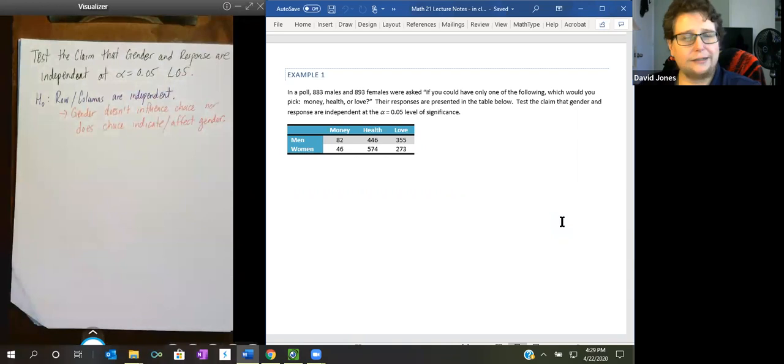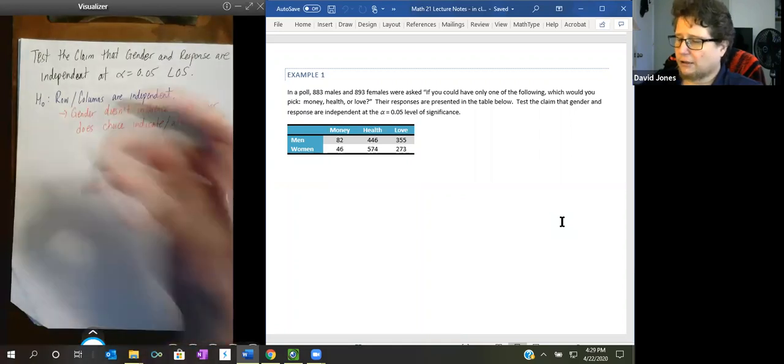I'd be more prone to say the men and women are the categories here, but they are really subcategories because the three groups, this is a 3+ population. The three groups are people that like money, health, and love, and do the responses depend on gender?